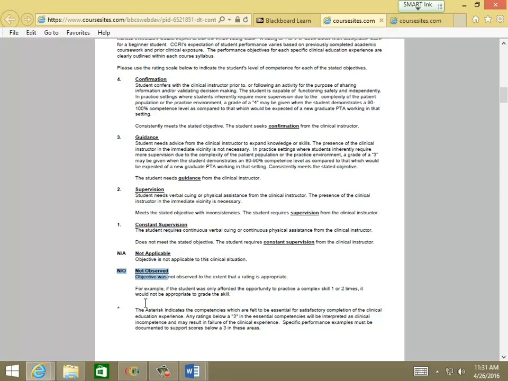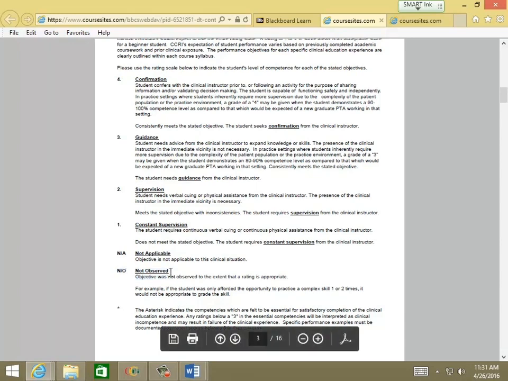So in that instance, rather than rating the student a lower score, saying, well, I feel like I'd have to give them supervision for that because I haven't seen them do it that much, so I need to ensure that they're consistent with it, we encourage you to use the rating of an NO, not observed to the extent that rating is appropriate.